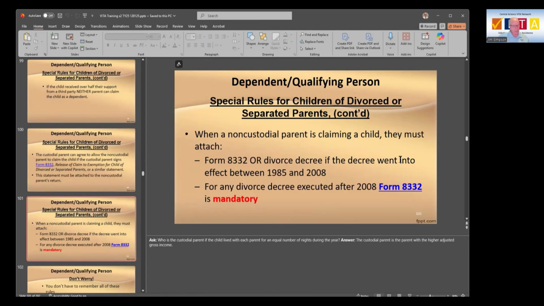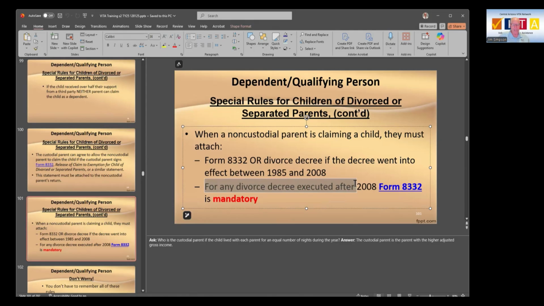As I said, this is so moot now. I mean, you're not likely to see it because it's been so long since these rules went into effect. There was a transition period where you could attach the divorce decree. As I said, that's so unlikely to come up now. But here's the main thing.